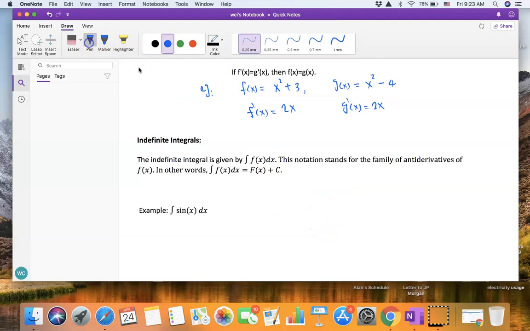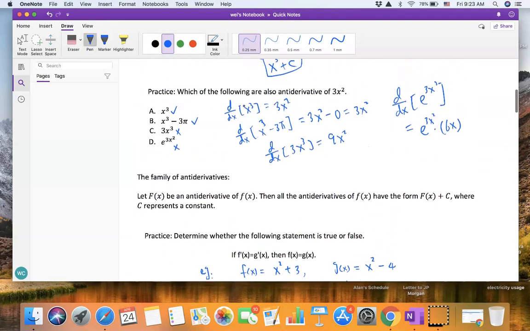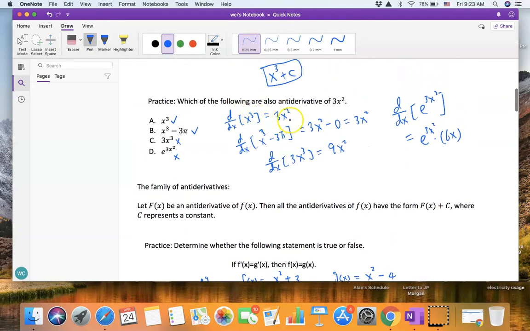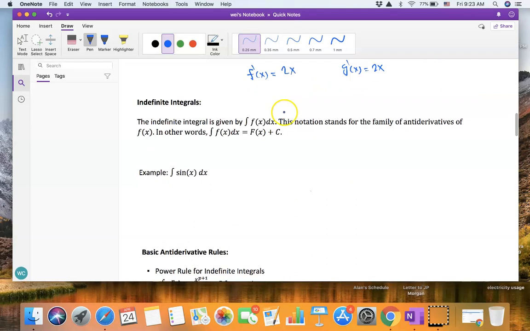So using our previous example, since the family of antiderivatives of the function 3x squared is x to the third plus a constant, therefore the integral of 3x squared dx will be x to the third plus c.